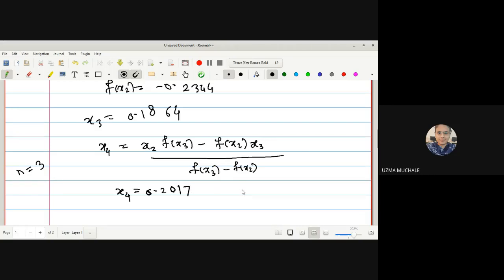Okay, correct. Similarly, if you get the value of x5 as 0.2016, then we can stop the iteration because 0.201 is repeated in both.